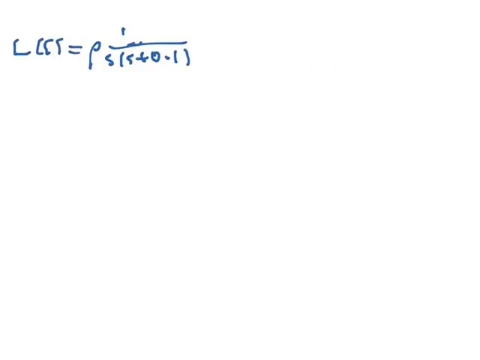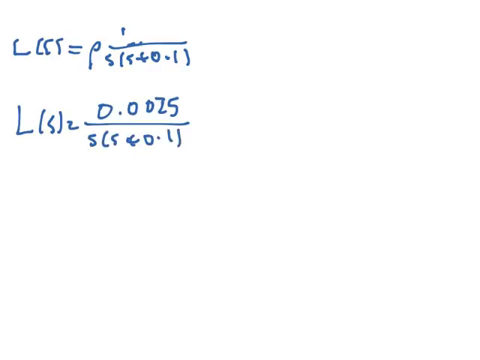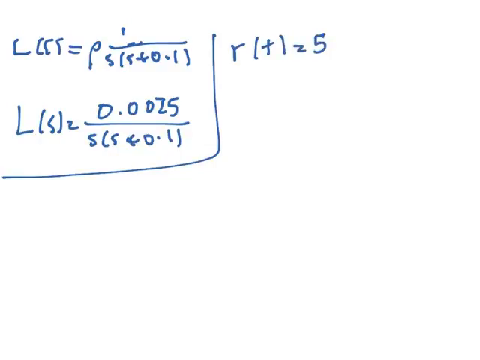So we will have for Ls 0.0025 divided by S times S plus 0.1. And we want to calculate the steady state error for the input of RT equal to 5 ramp t, or equal to 5 t ut.